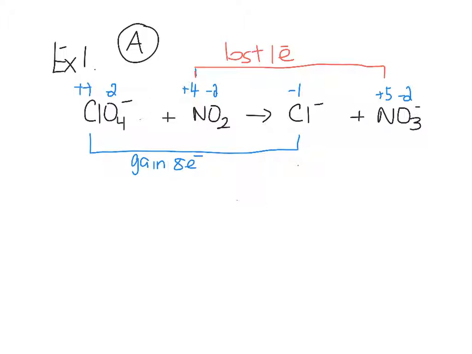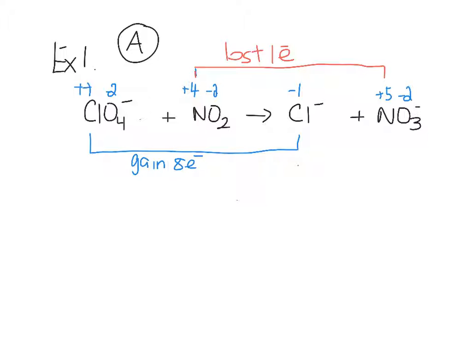If one of those numbers was different than 1, we would have to multiply by a factor. I'm going to show you in the next example how that works. For now, we're leaving those numbers alone, because the subscript, 1 chlorine to 1 chlorine, 1 nitrogen to 1 nitrogen. So, we figured out how many electrons are transferred.